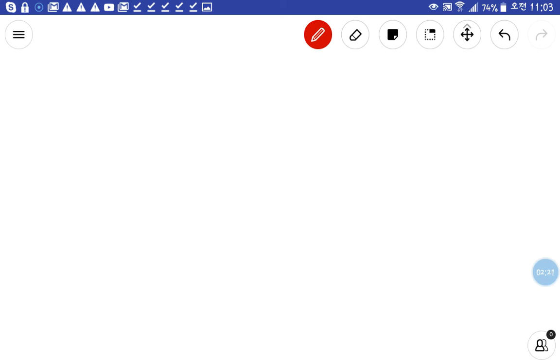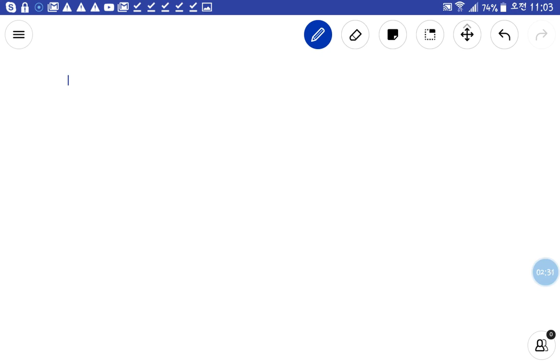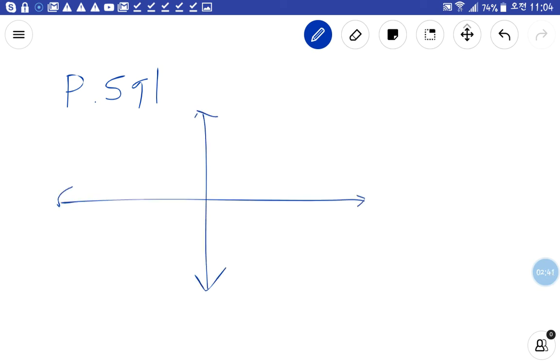And the points where the ellipse intersects its axis are the vertices of the ellipse. In here, you may see on page 591, figure 8.11, which shows all the vocabulary.